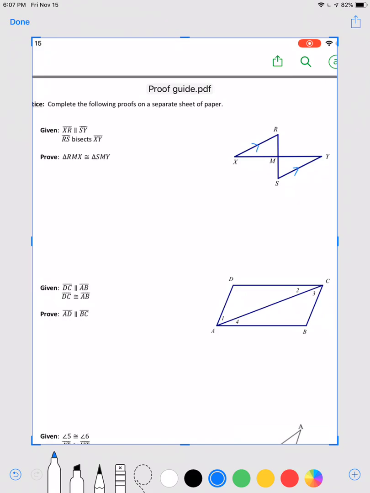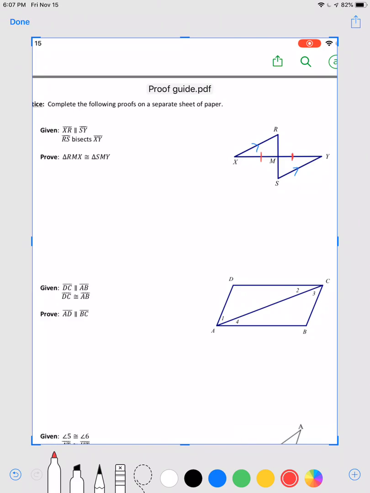It also says that RS bisects XY, so that means that these two lengths are congruent. It wants us to prove that triangle RMX is congruent to triangle SMY.